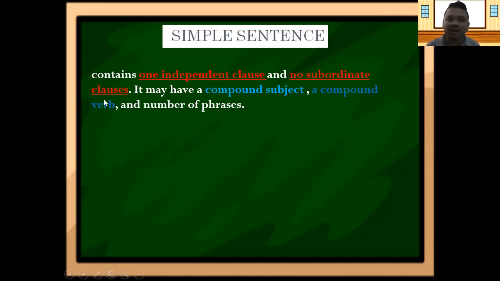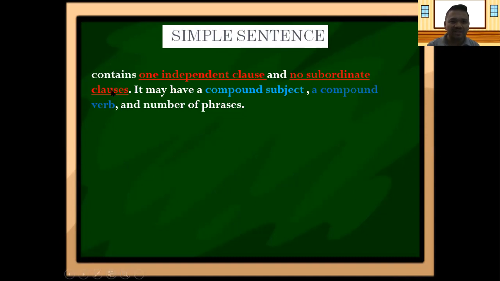A subordinate clause, also known as a dependent clause, is incomplete, a clause or sentence that cannot stand alone.